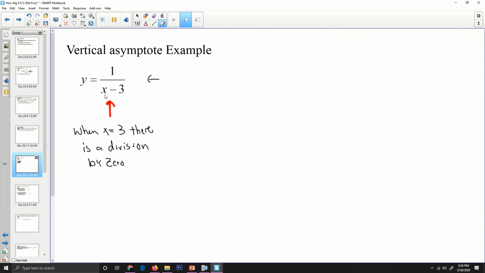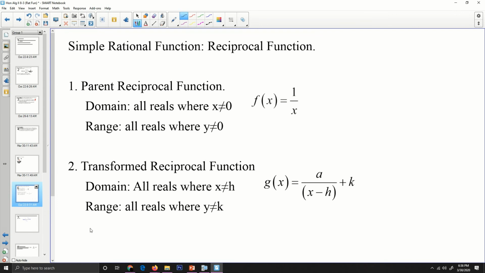When x becomes a very big number, let's say x was 1,000,000, what if I subtract 3 from it? I still get basically 1 divided by 1,000,000. That's a tiny little number. It's almost 0, but it never actually gets to 0. All right, so the domain of this thing, let's do it in the next slide.